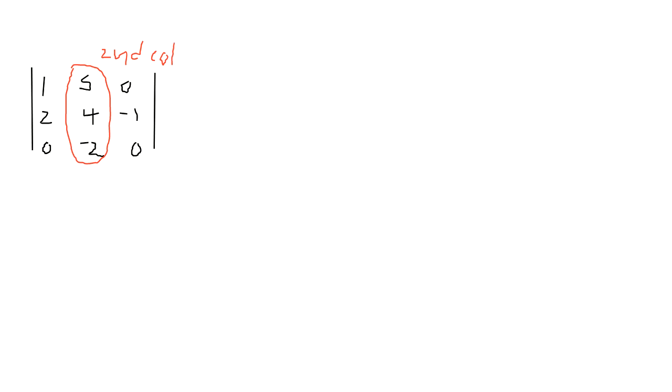So if we do that, we're going to have 5 times something times a 2 by 2 determinant. Then we're going to have plus 4 times something times another determinant of a 2 by 2.